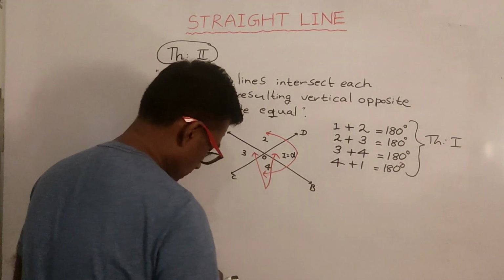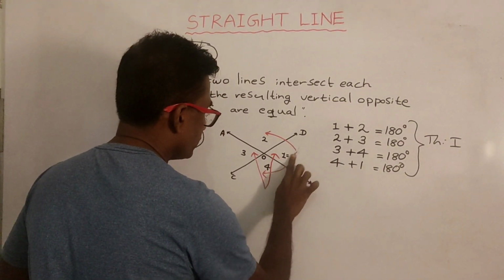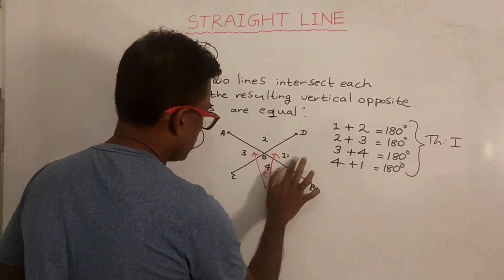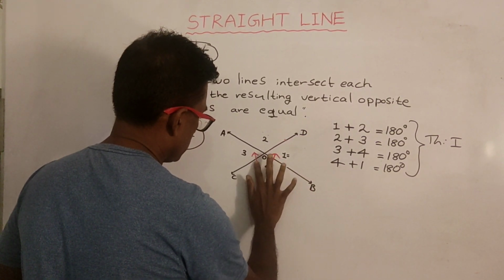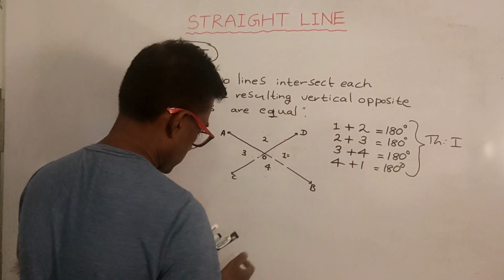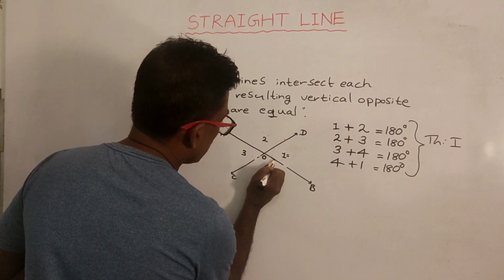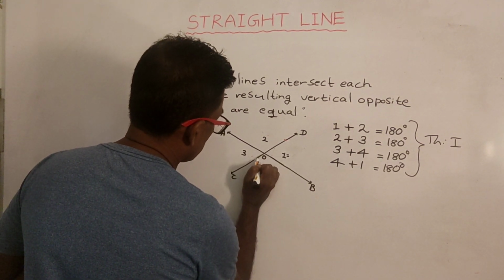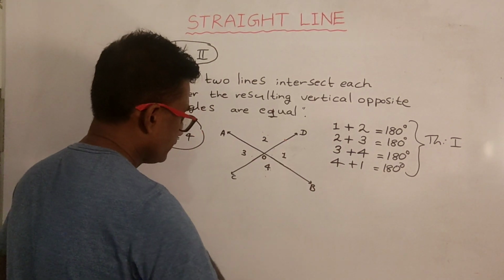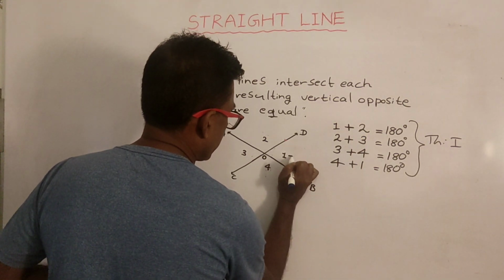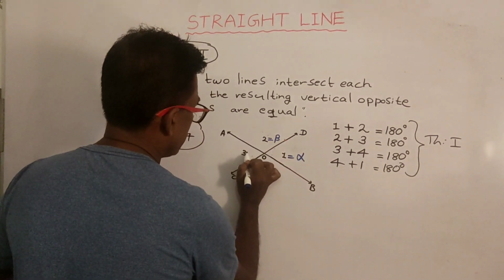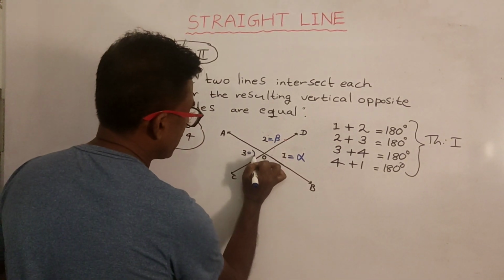Okay, we'll use some other color. Let us say that the magnitude of angle 1 is alpha degrees, the magnitude of angle 2 is beta degrees, the magnitude of angle 3 is gamma degrees.